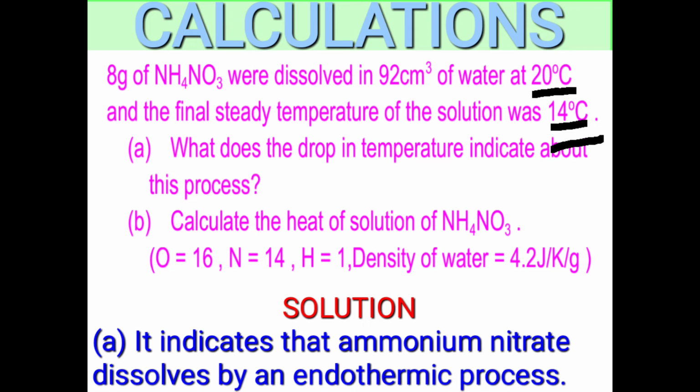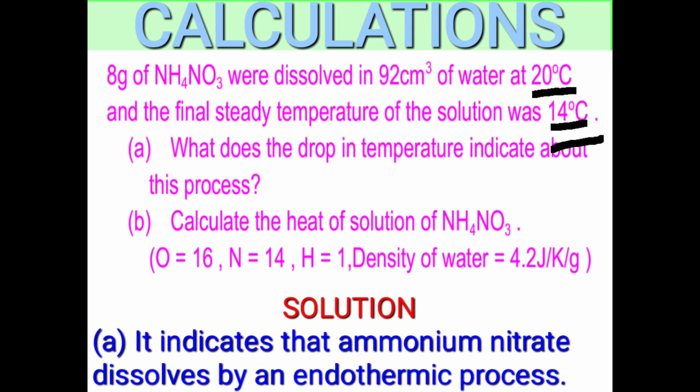Here it indicates that the process is endothermic. It means the process takes place endothermically. In other words, there is absorption of heat energy. Of course, we know temperature is a measure of heat energy. So if there is reduction in temperature, it means there is also reduction in heat energy.